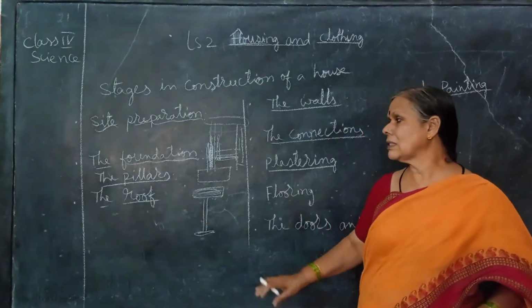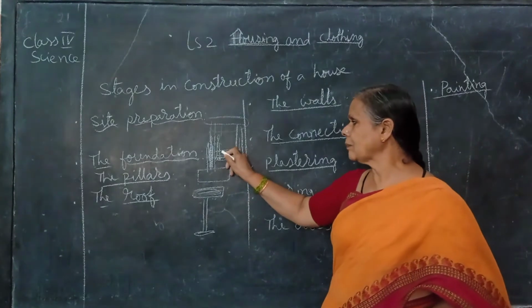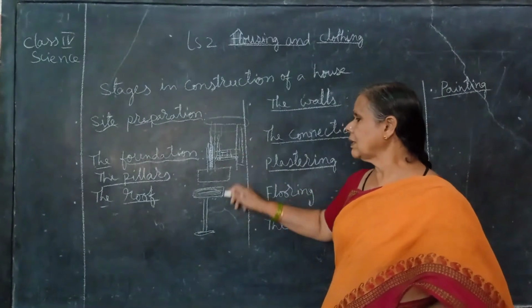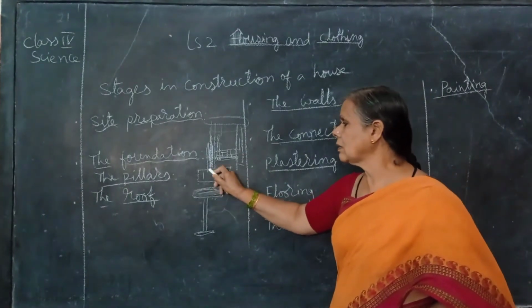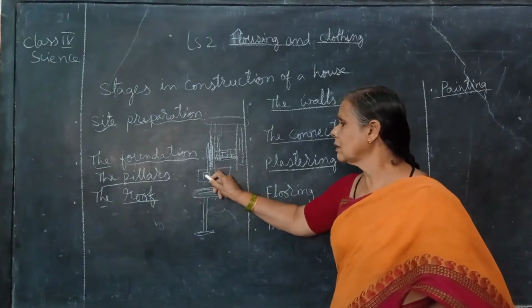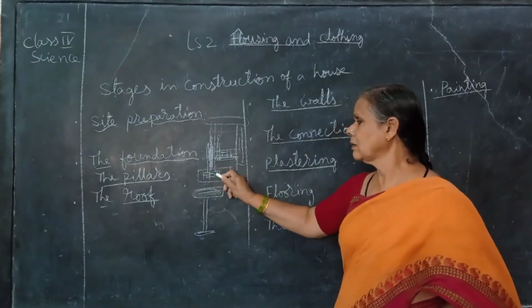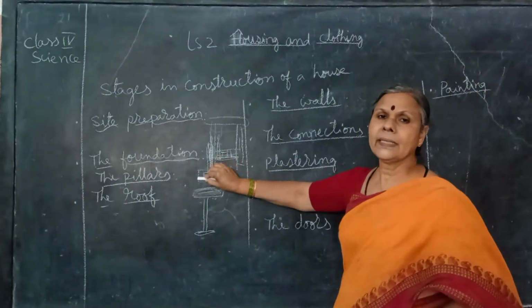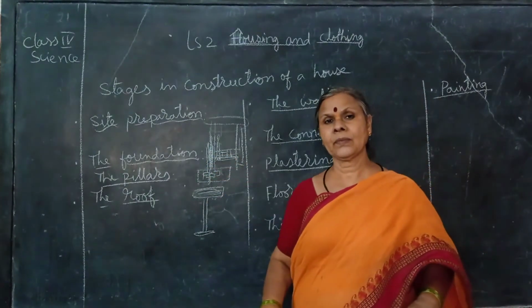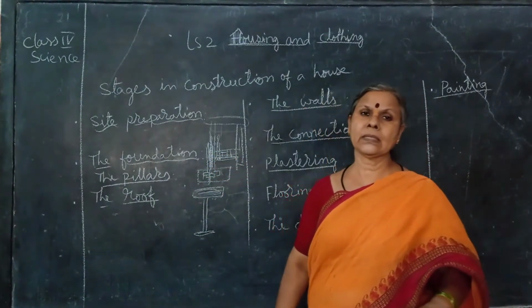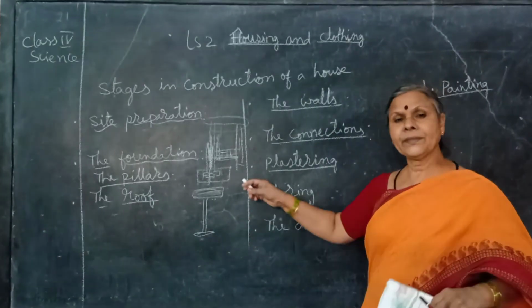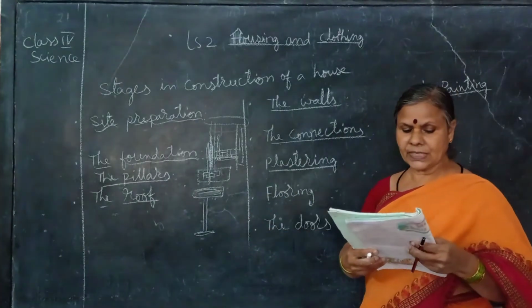It looks very odd. That's why, to cover the bricks, we are covering this with a thin layer of cement, sand and water to give a good look, to give finishing.